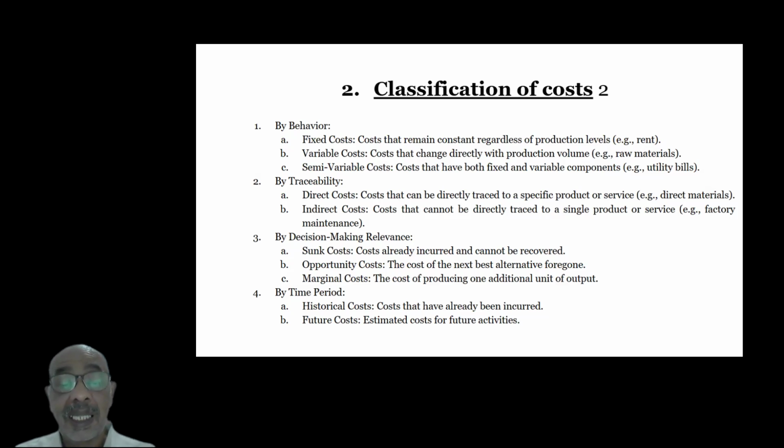It is finished. The other one is the future cost. Future costs are the estimated costs for future activities. If you want to buy a house next year, this will be the cost for future time, called future cost. We have covered the classification of costs.